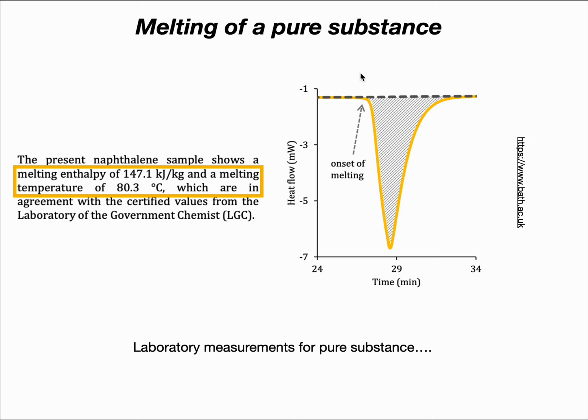And then when they measure this, they can determine the melting enthalpy and the melting temperature of this material, naphthalene. Of course, it has nothing to do with earth material, but it's a good illustration of how to measure and how to calibrate melting models for pure substances.